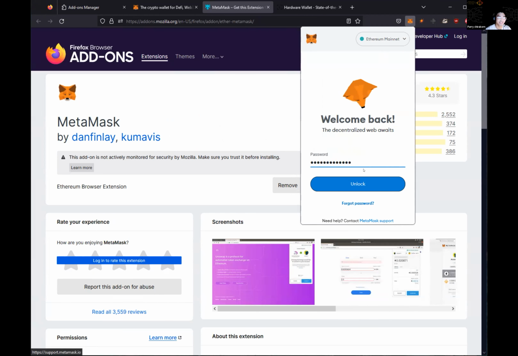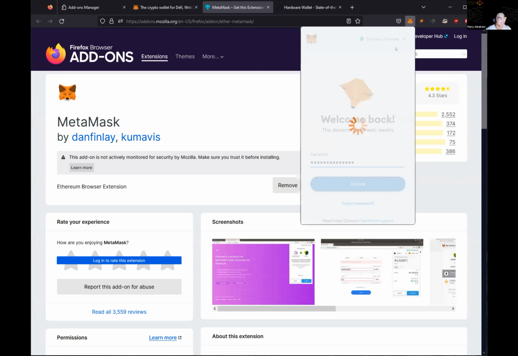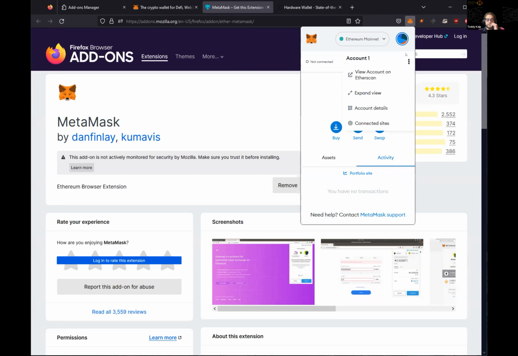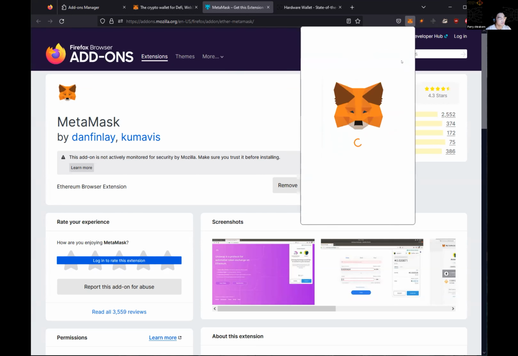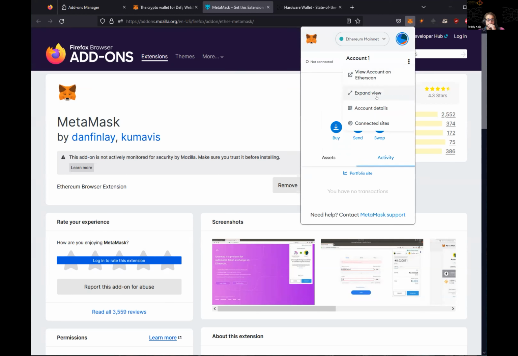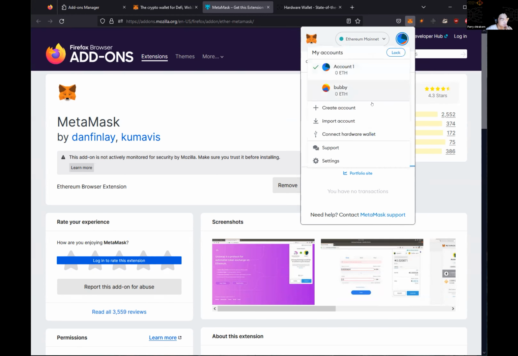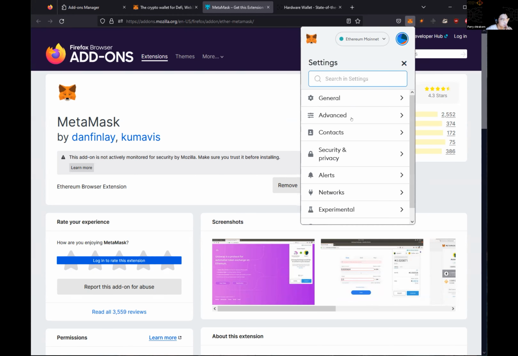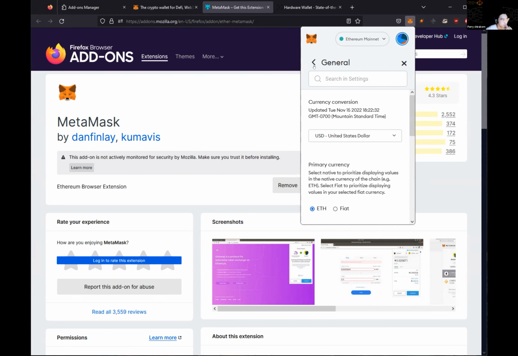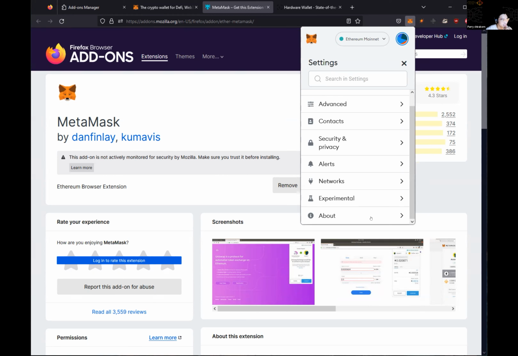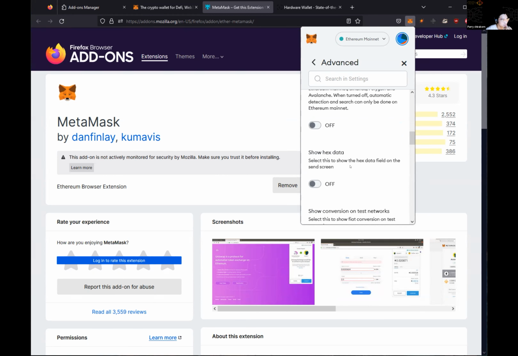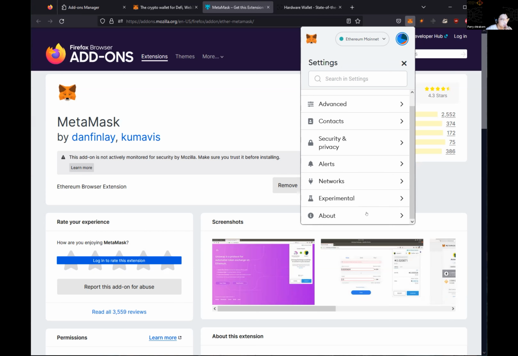Wait, I realize it's already connected. Is there a way to delete this wallet? Is that your real wallet? No, I just made a new one; this is an old one from Firefox. That's why I use Firefox. I was using Chrome, but yeah, you can delete it. You just have to do it in the MetaMask settings. How do you wipe this wallet? Settings, General. I thought this was going to be a new one. Paul, do you have an empty one by any chance?